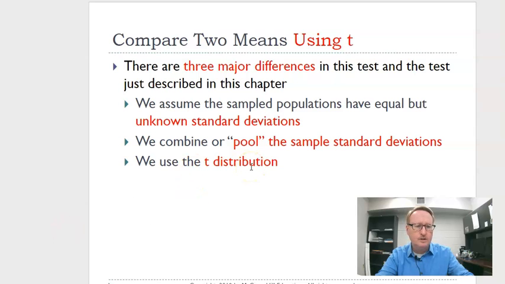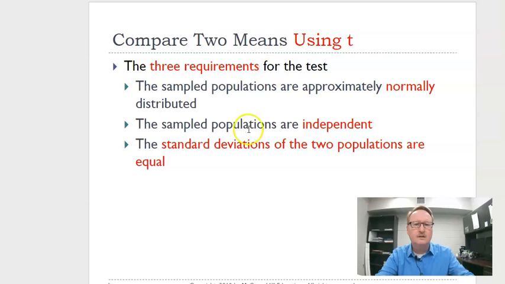And the t distribution instead of the z. I don't want to go into all of this because it's really not necessary. This is what you're going to use, 2 sample t-test. Now, the question is, is the sample dependent or independent? And that's one of them that we'll look at here in a moment.